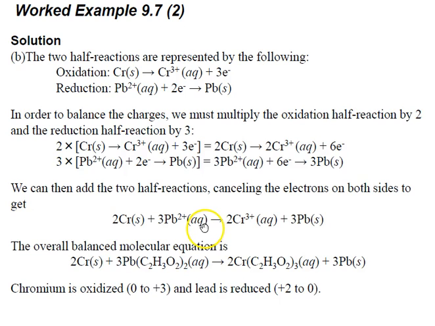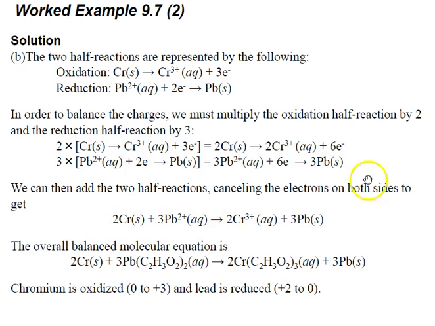And then on the right side, we're going to have 2 parts of our chromium ion, 3 parts of our lead solid, and 6 electrons. The 6 electrons cancel on both sides, so you can draw a line through those, and then you'd be left with this as your overall. This would be our net ionic equation.